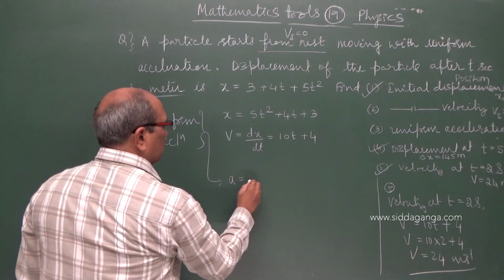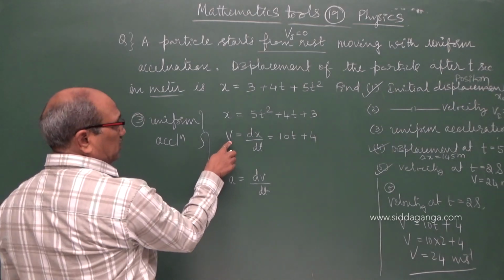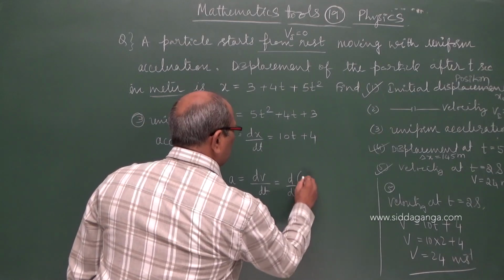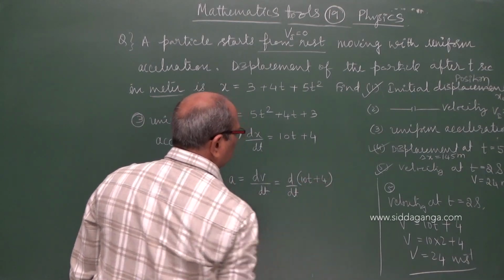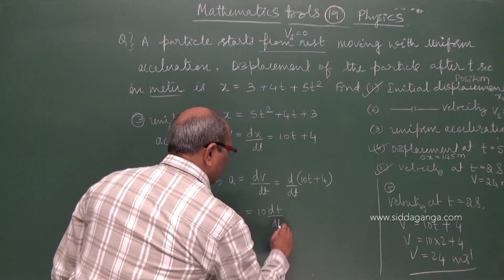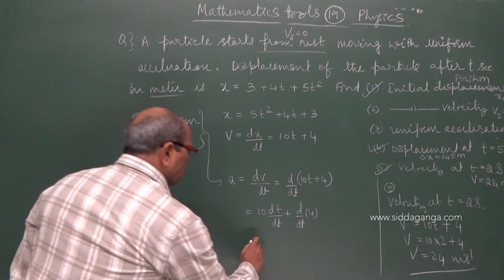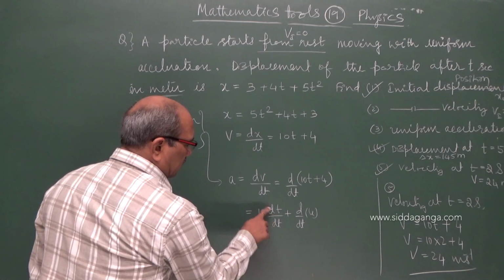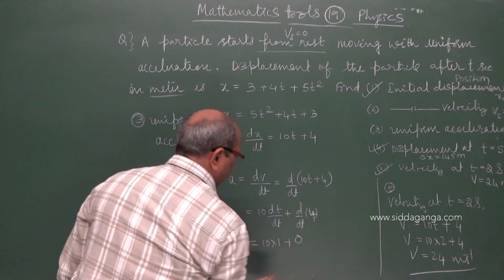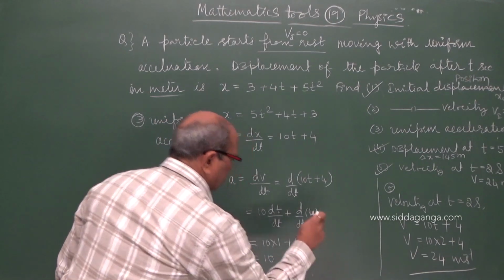Now acceleration equal to dv by dt. Differentiation of this: d by dt of 10t plus 4, 10 into dt by dt plus d by dt of 4. dt by dt is 1, but the derivative of the constant 4 is 0. Therefore, acceleration equals 10 meter per second square.